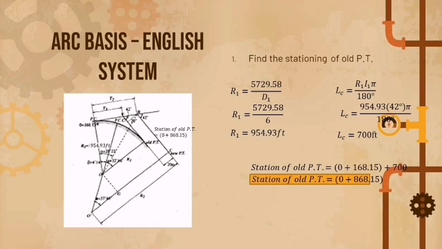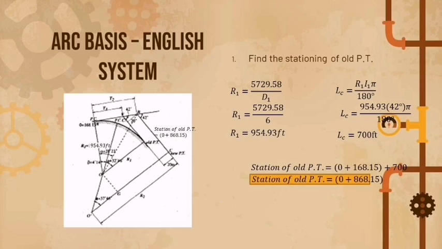So for the length of curve, our formula is LC equals R1 and the angle of intersection pi over 180. Again, substitute the given values. Our radius is 954.93. Our angle of intersection is 42 degrees, and the pi over 180 degrees equals 700 feet.